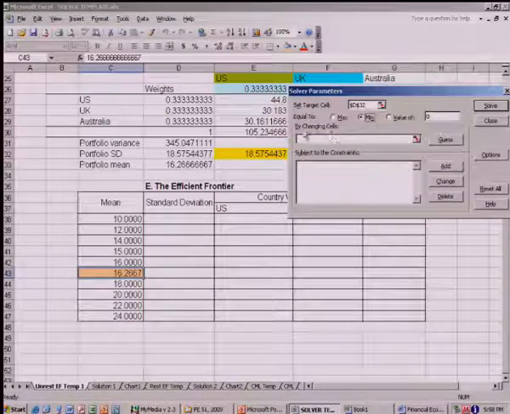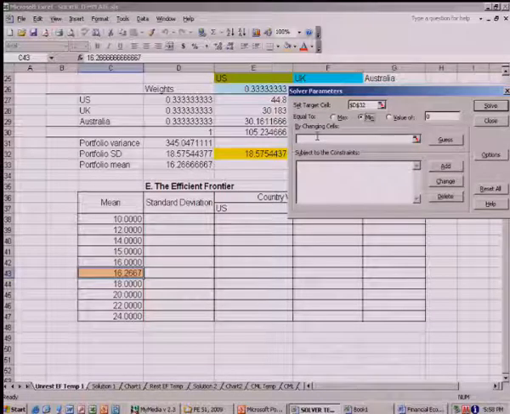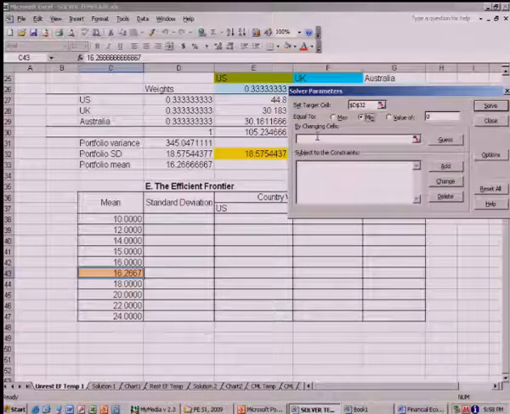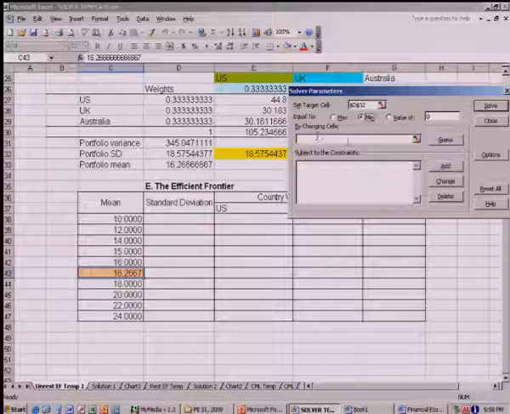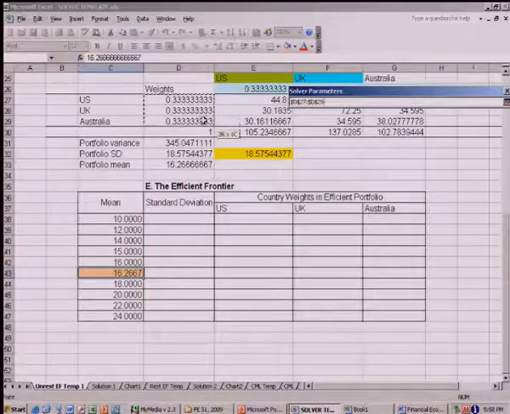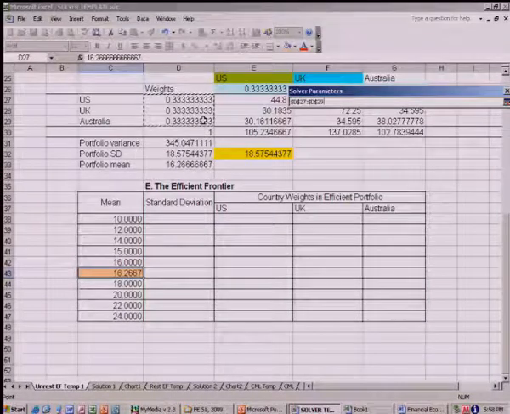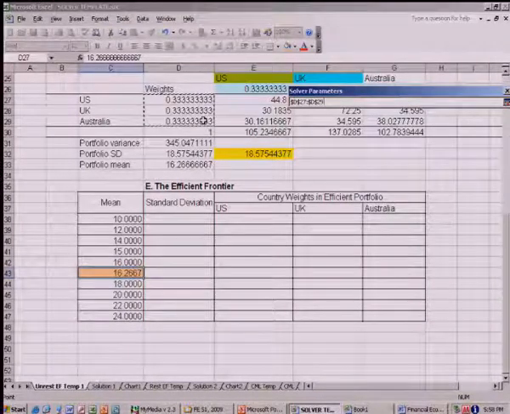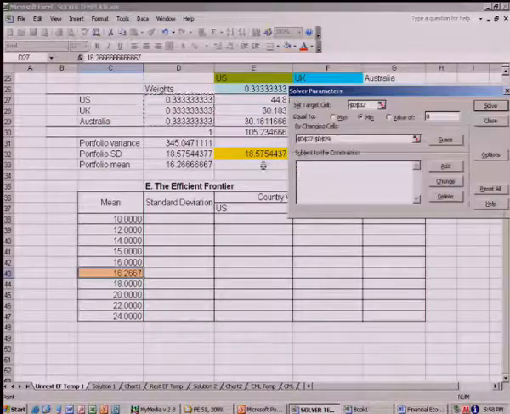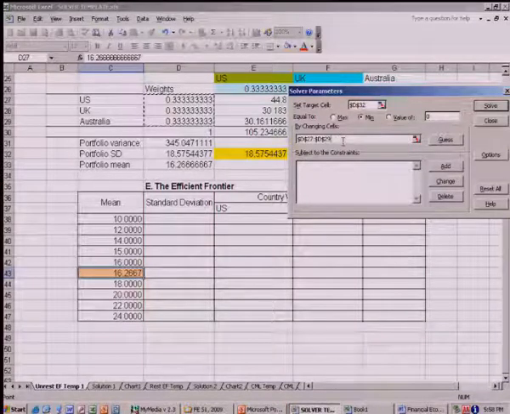Now you have to tell Solver how you're planning to achieve that. How are you actually going to minimize the level of risk? I'm going to tell it that I want to achieve that by changing the weights on these individual assets which are contained in my weights column. So I will select all of the cells from the weights column under the option By Changing Cells.